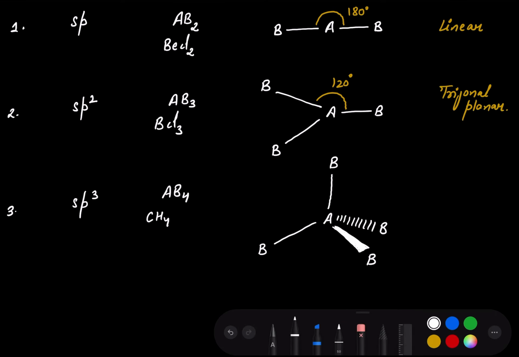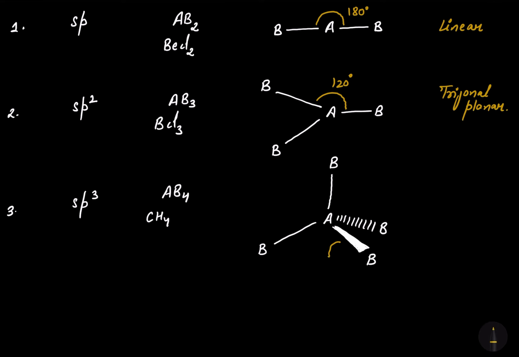This wedge bond is coming out of the screen, and this is called the dash bond, which is going inside the screen, and another two bonds are on the screen.